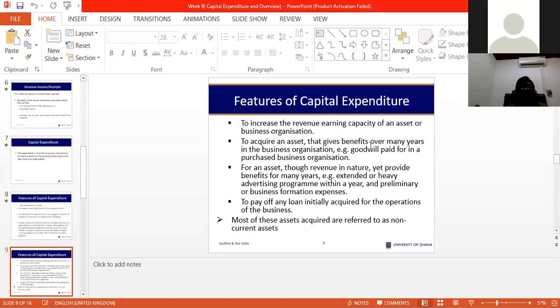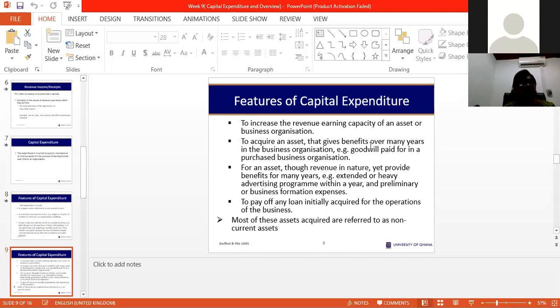Okay. Now, there are certain types of revenue expenditure, which though they are mostly considered as revenue, sometimes may be considered as capital because of the amount involved. And an instance is adverts.